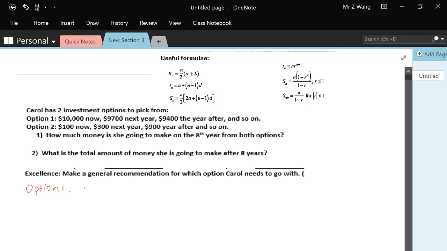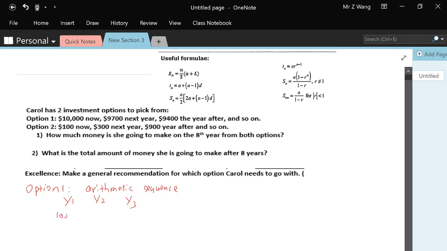Option one is called an arithmetic sequence. How do I know that? Because if I write down the numbers, this is a table. Year one, year two, year three.